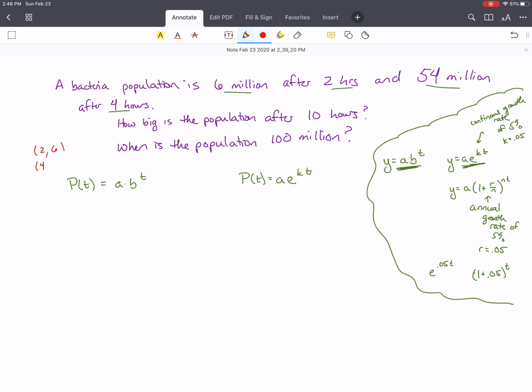After the input 4 hours, I have 54 million. So I'm just going to plug in both of those points into my function. 54 is a b to the 4. And 6 is a b squared. I could do the same thing with the other form.